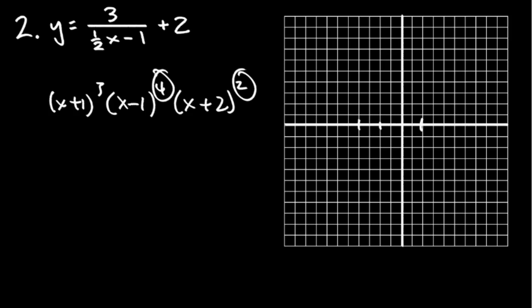So let's see, the y-intercept is going to be 4, something like that. So we know that this thing has to go toward the x-intercepts, and then it's going to bounce off or go through.